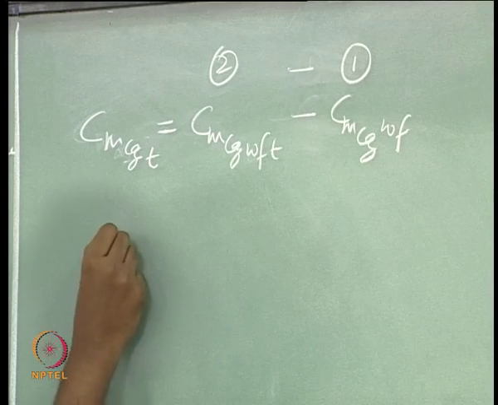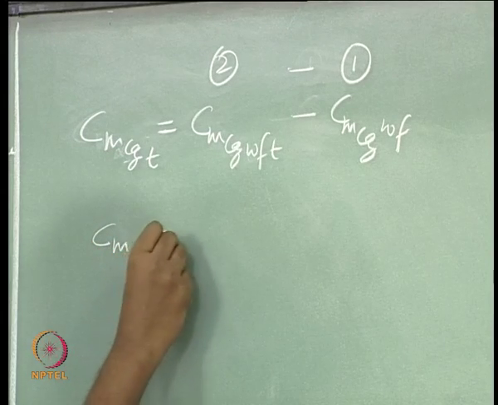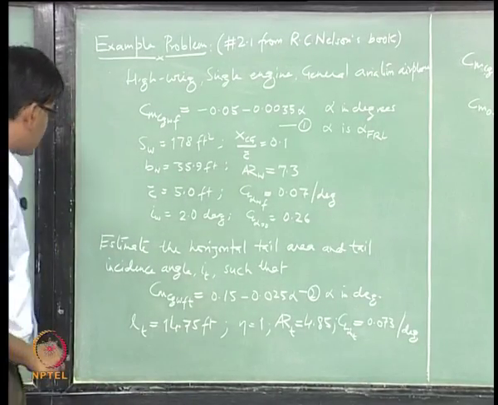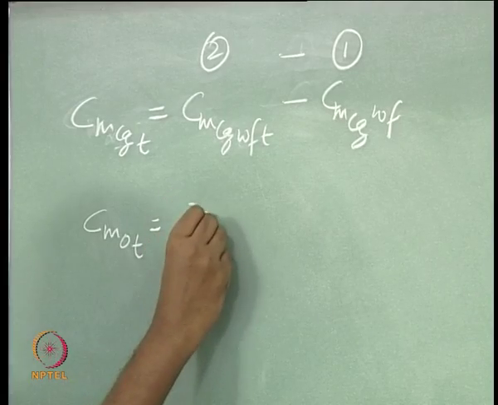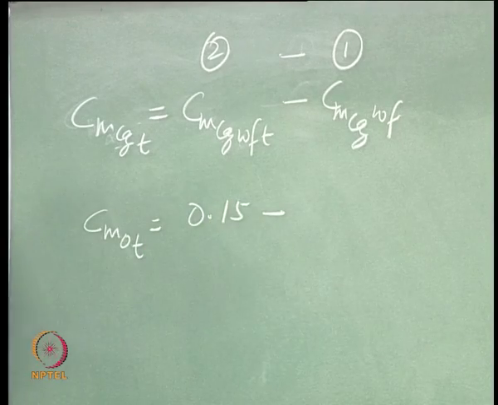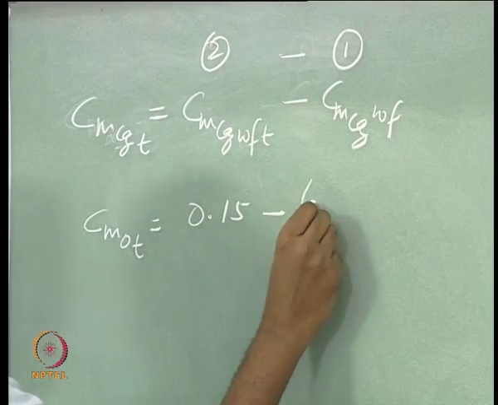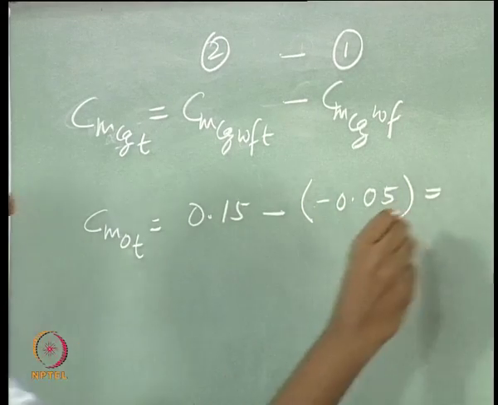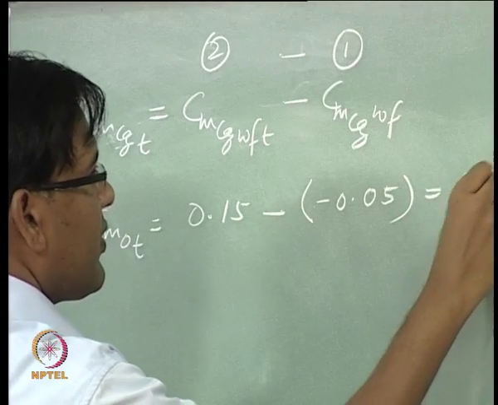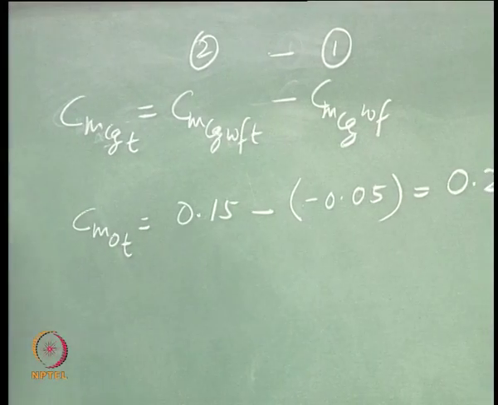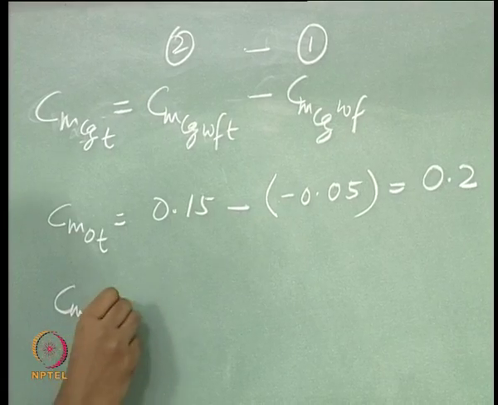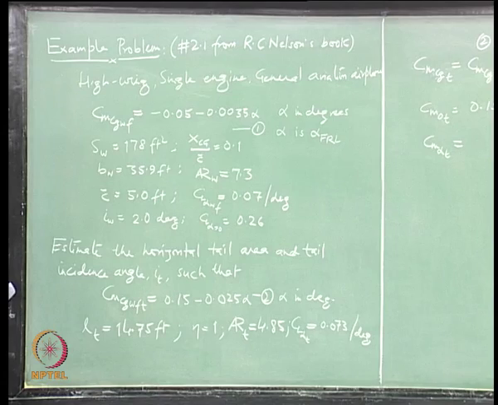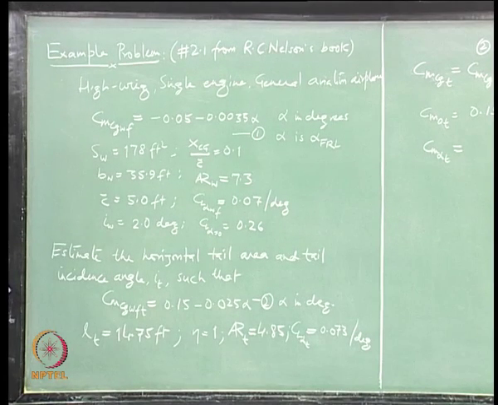So, you have Cm naught tail, which is, what is Cm alpha tail?